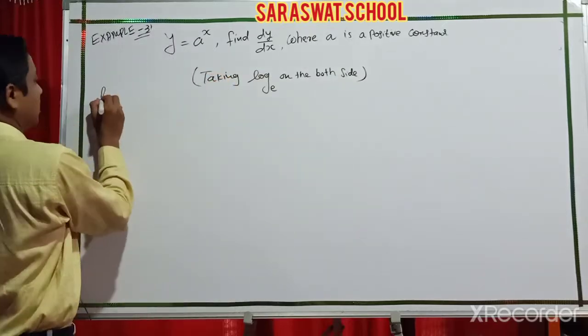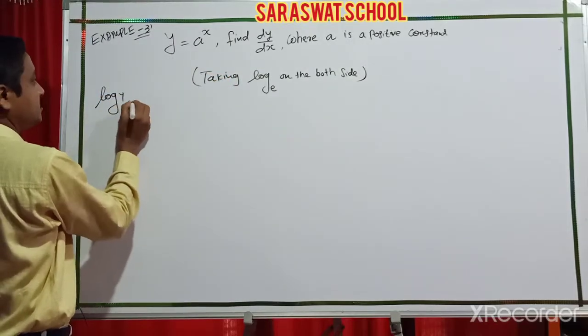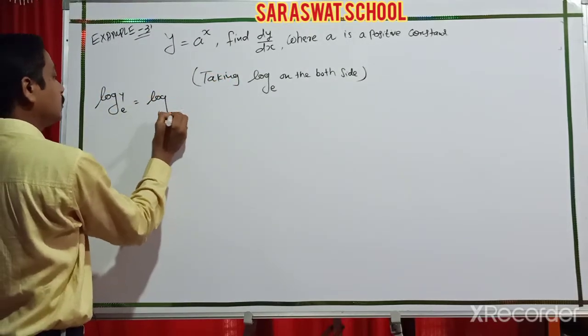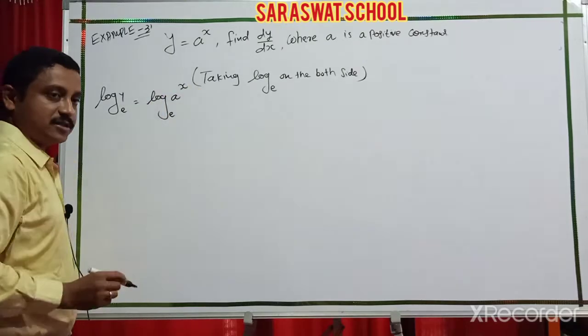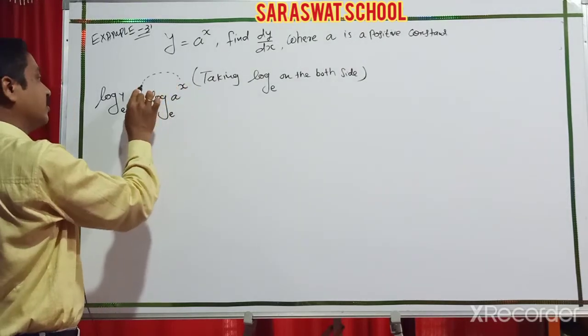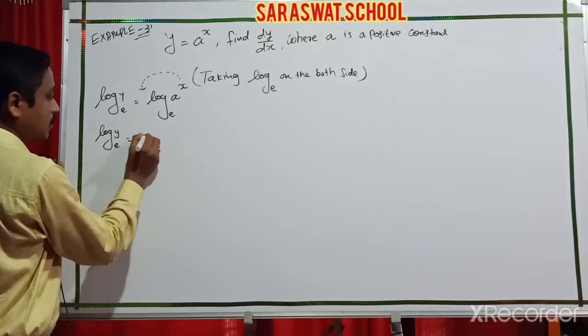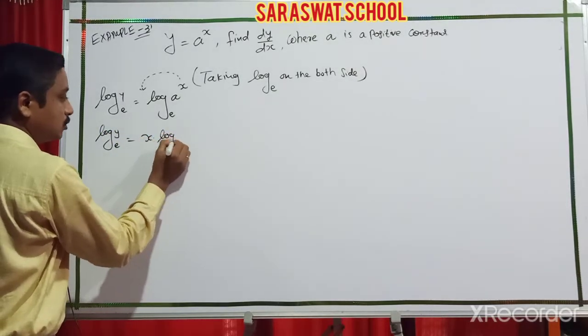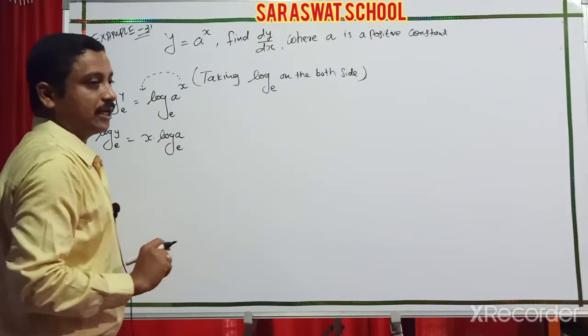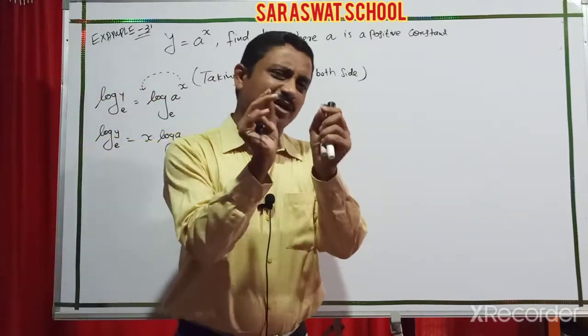So here log y base e, here log of a raised to x to the base e. Now this x is carried forward, so you get log y base e equals x into log a base e, and we start our derivative rule easily.